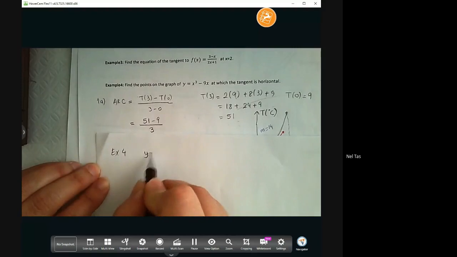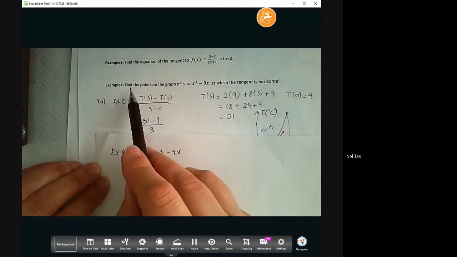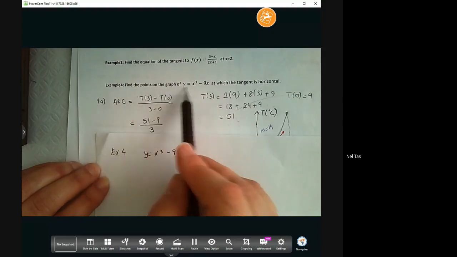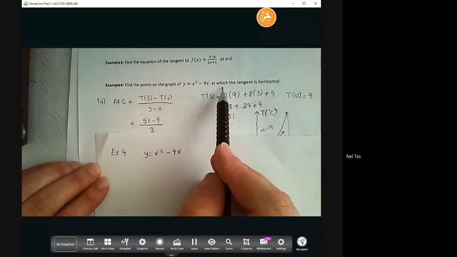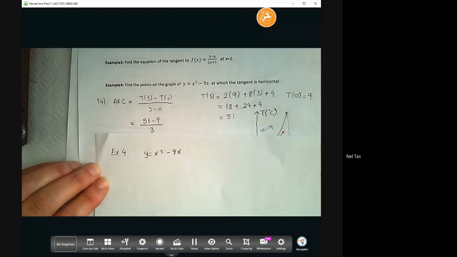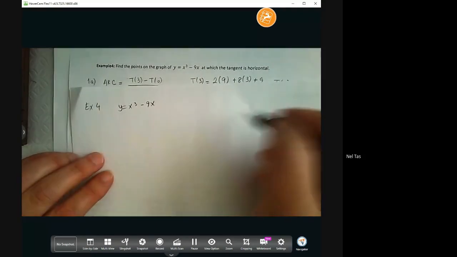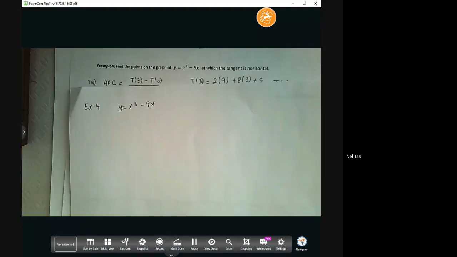We are given y equals x cubed minus 9x. It says find the points on the graph of y equals x cubed minus 9x at which the tangent is horizontal. Okay, so you have a graph, and you are looking for tangents that are horizontal.